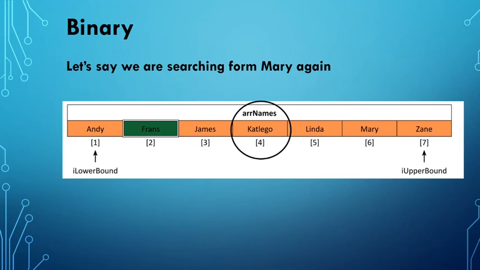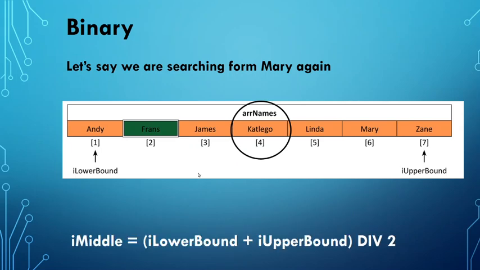So how do we find the middle? We find the middle by taking our lower index plus the upper index, and we divide it by 2. It's an integer division, because the index that we find cannot be a floating point number or of a real data type, because our names position is of ordinal type.